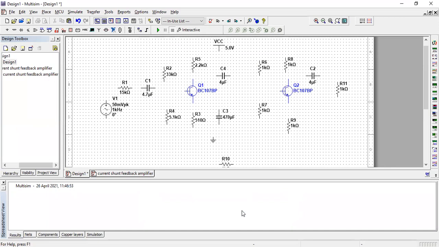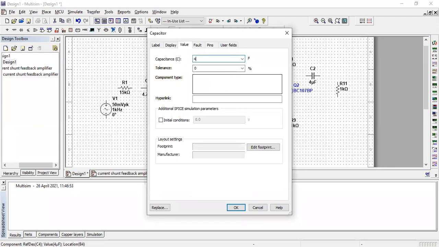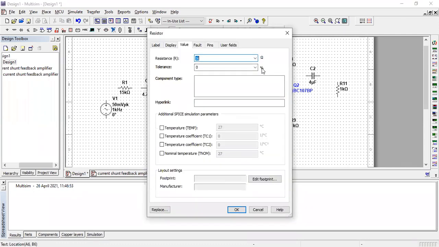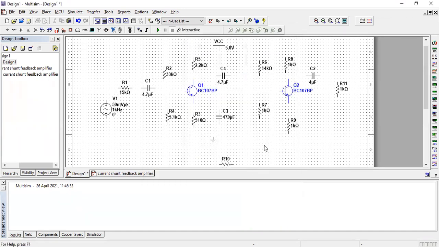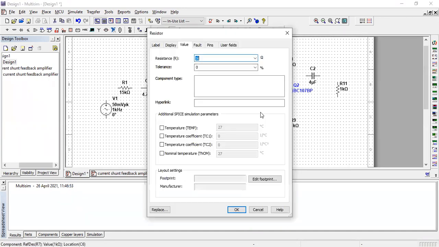Okay, so what about this resistance? It's 4.7 U microfarads. Okay, what about this resistance? It's 14K. Okay, what about this one? It's 2.55K.